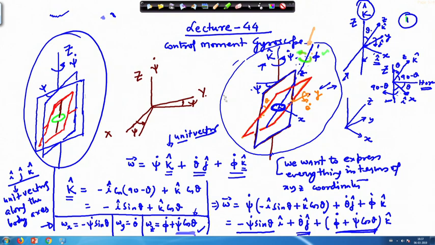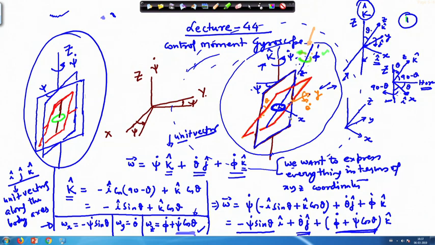Outside this, the satellite is there, which I am showing by dotted line. Instead of a gyroscope there can be just a wheel, which we call a reaction wheel.